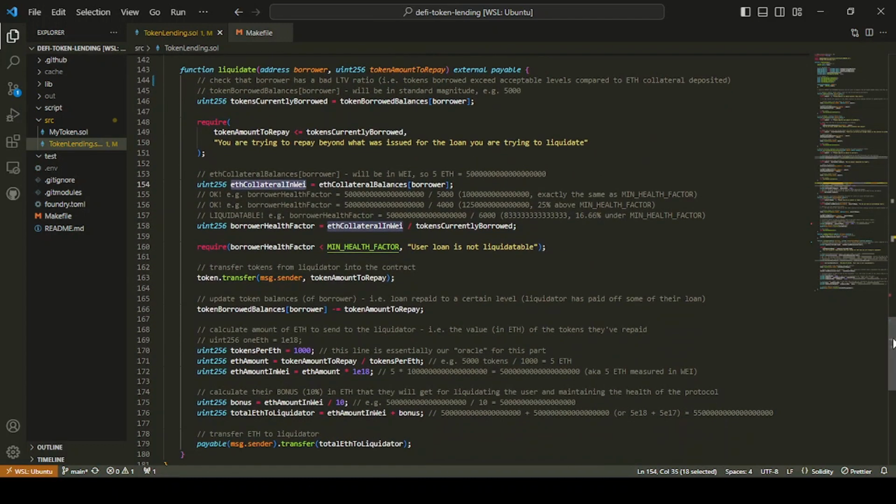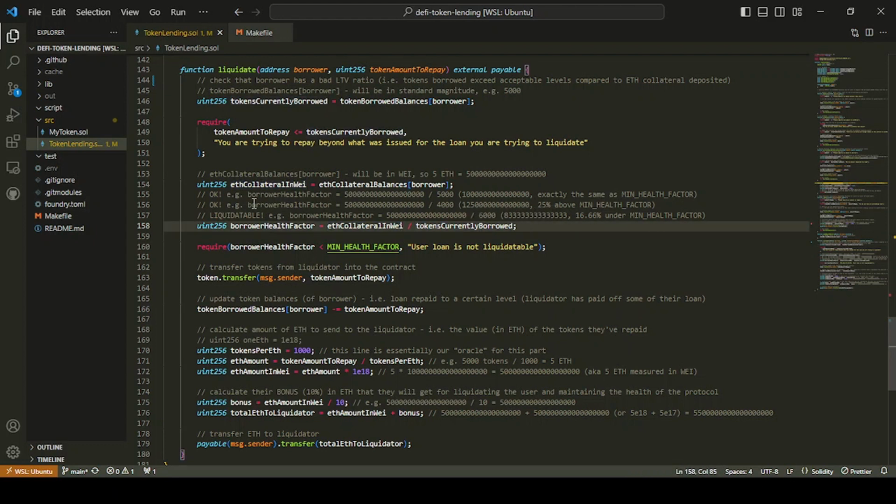So on liquidate, again, we're checking the amount of collateral that the borrower, who we're hoping has a bad loan, has, and we want to basically steal their ETH. So we're looking to get the balance of Ethereum that they have in the contract, okay? And then the borrower health factor is going to be the ETH collateral in wei divided by the tokens currently borrowed.